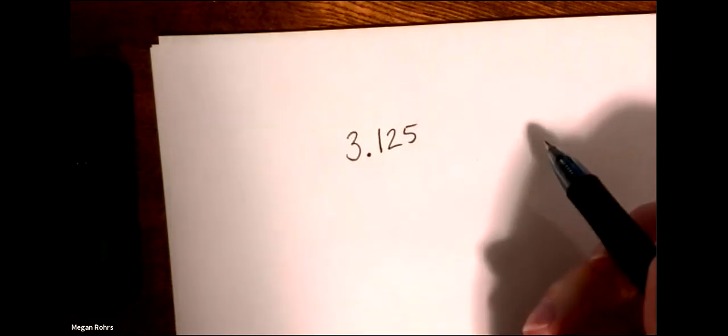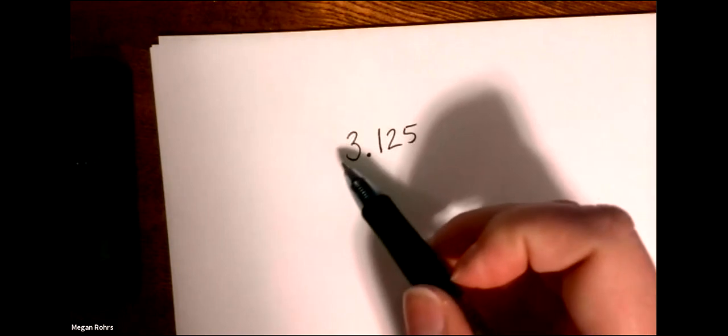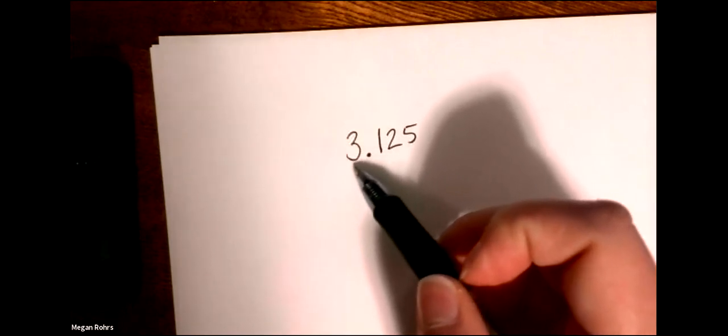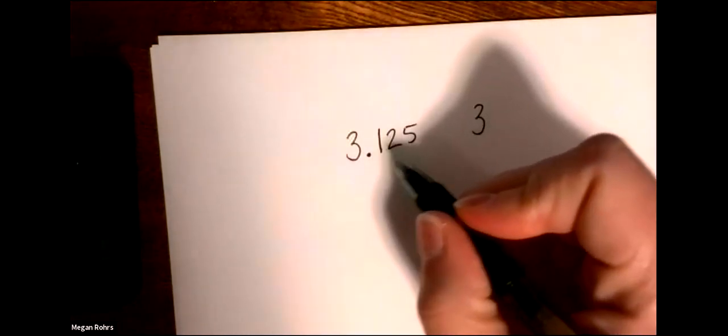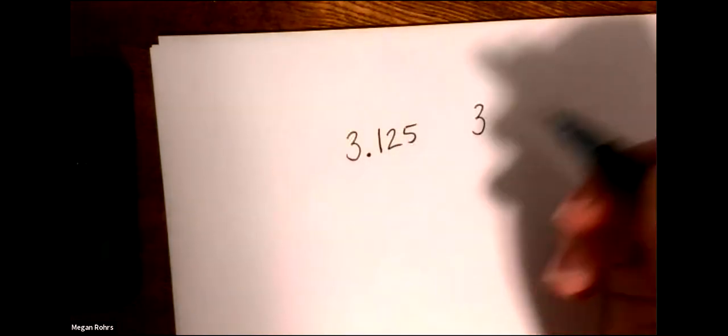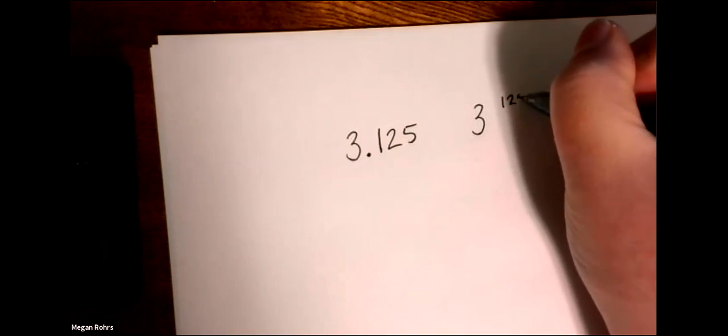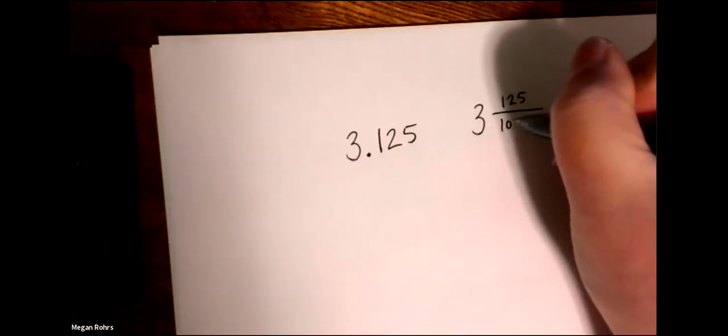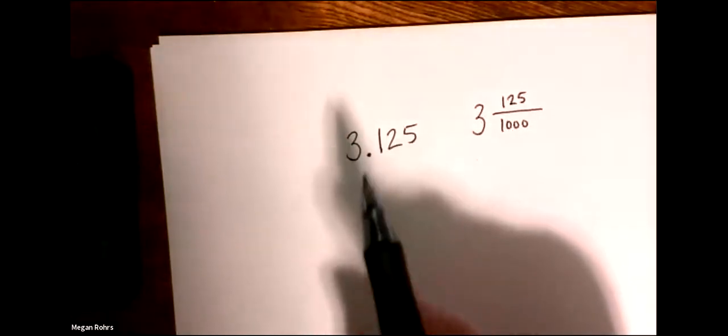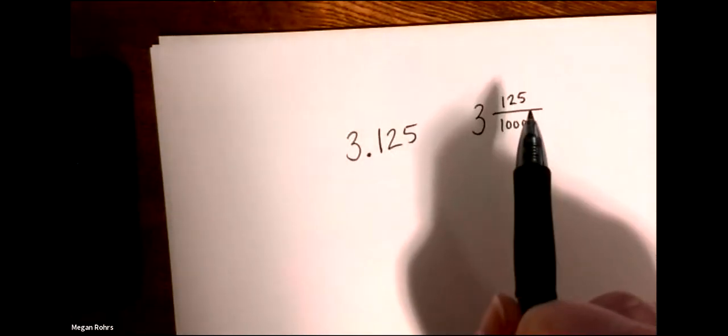That way, if I'm writing this as a fraction, I know I still have a whole number 3 here. And then I said this is 125 thousandths. So exactly as it sounds, 125 thousandths. Really quick way to just change a decimal into a fraction.